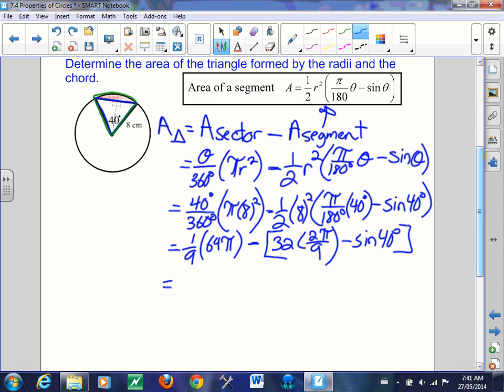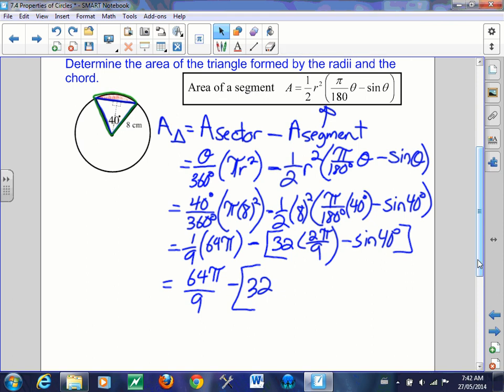So we can simplify this a bit and make it 64 pi over 9, subtract 32. And then remember, folks, we have to simplify things first. Plug that in your calculator, because you can do that all at once.